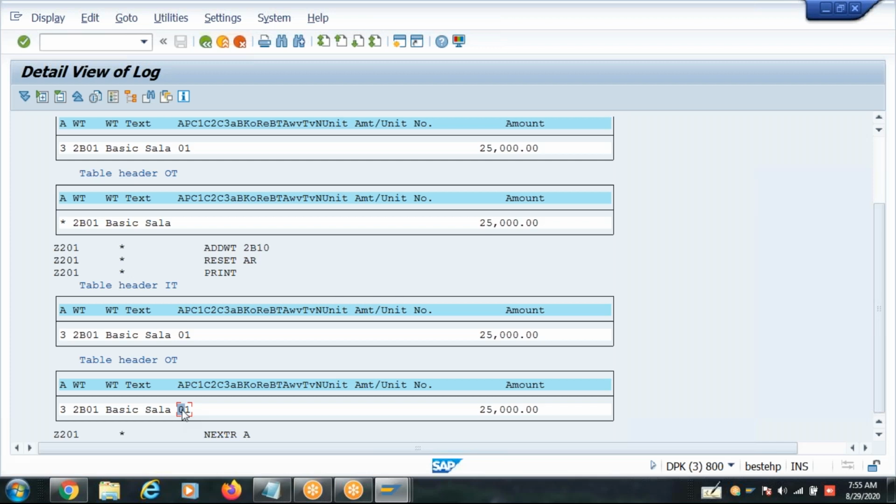Anything that is eliminated by the eliminate operation in the same rule can be reset by the reset operation. So reset usually is not used alone. Somewhere after the eliminate operation, you will use reset. Clear? It resets the splits eliminated by the ELMI operation. That's what it is.